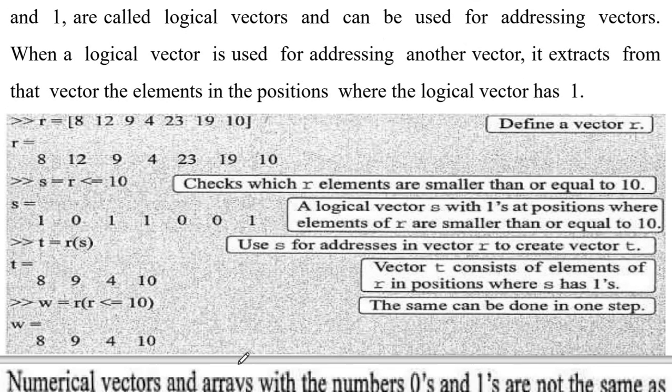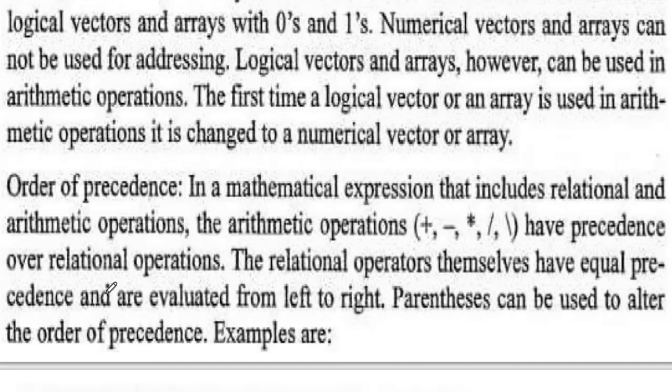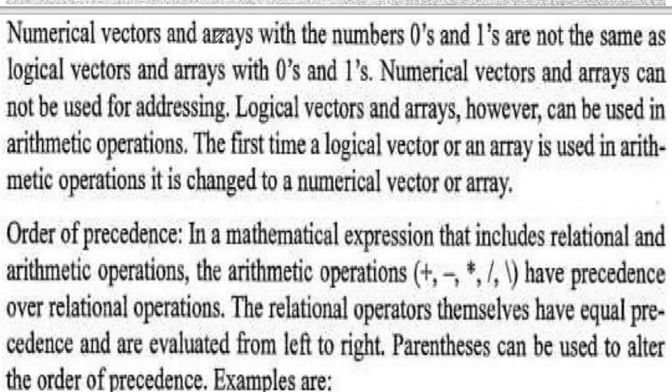Similarly, we can find R equal to R of R less than or equal to 10. They are equal. The numerical vector and array with the numbers zeros and ones are not the same as a logical vector and array with zeros and ones. Numerical vectors and arrays cannot be used for addressing, while logical vectors and arrays, however, can be used in arithmetic operations. The first time a logical vector or array is used in an arithmetic operation, it is changed to a numerical vector or array.